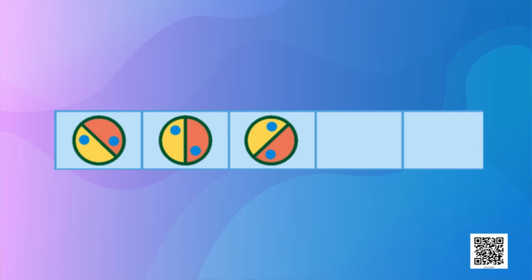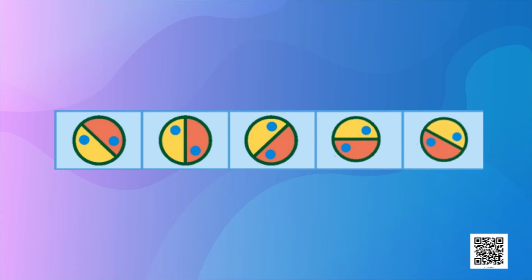Yes, it's rotating. So, who will come and tell me the next pattern? Very well done. And anyone else who's going to try the next pattern? Well done. Perfectly right. Okay, dear children, now I think you have understood these patterns very well.